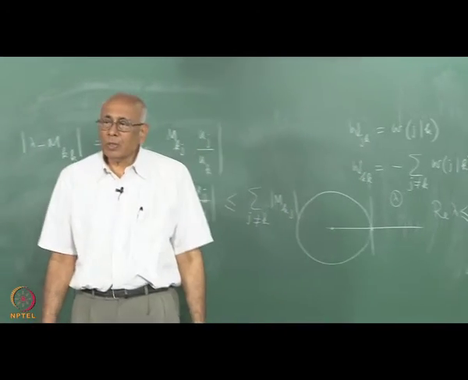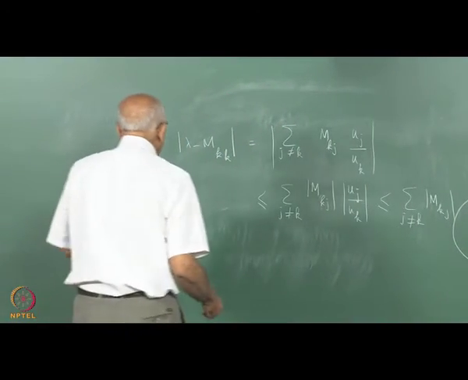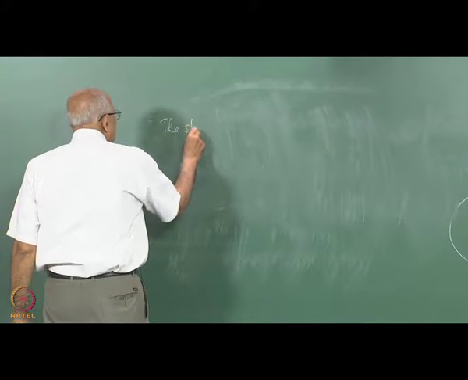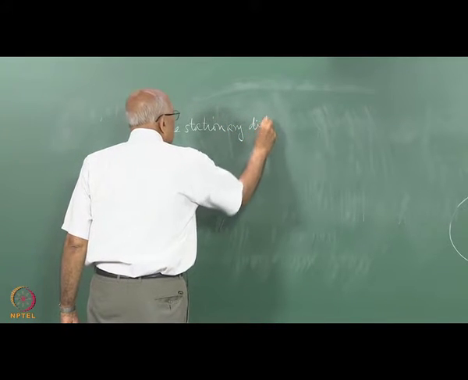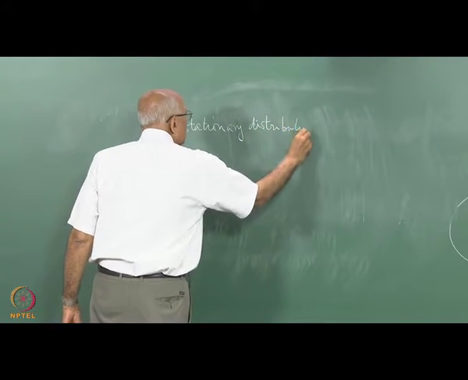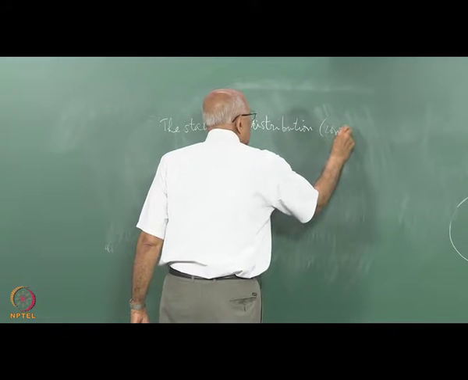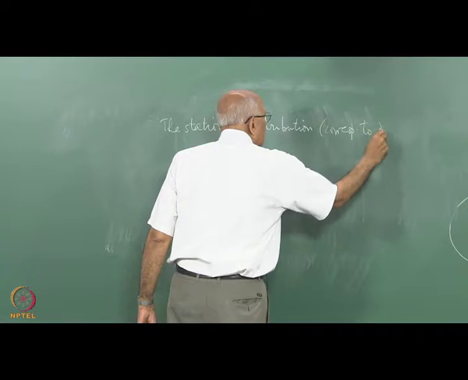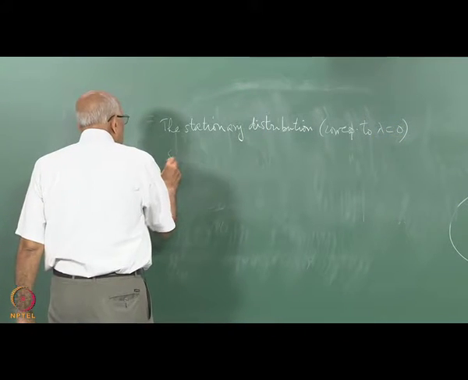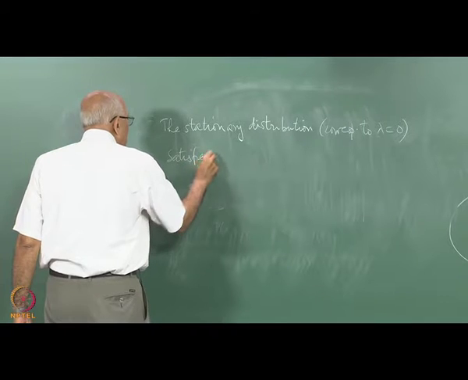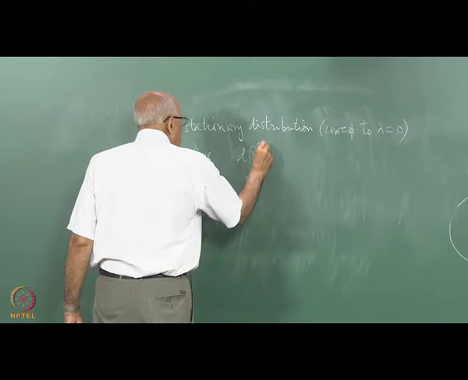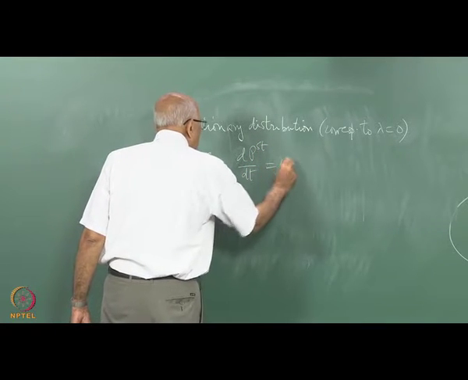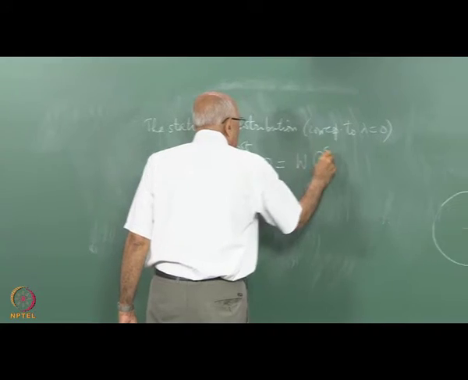Okay. And what is that given by? Well, the stationary distribution is not difficult to write down. So the stationary distribution corresponding to lambda equal to 0 satisfies, of course, dP_stationary over dt equal to 0, which must be equal to W times P_stationary.